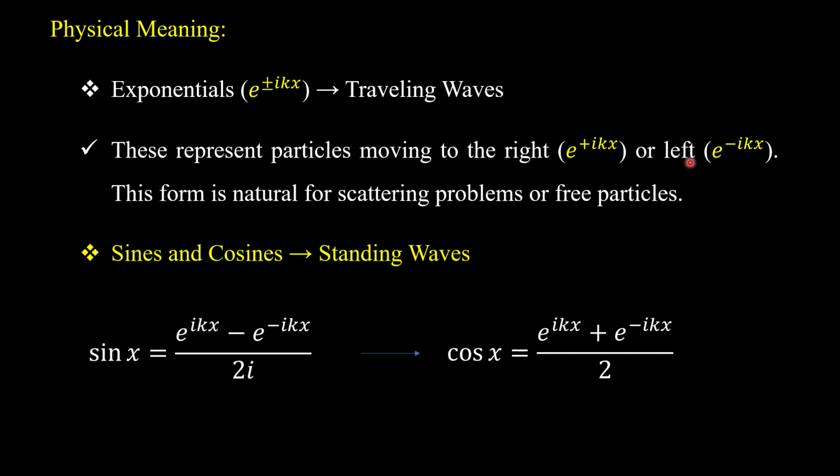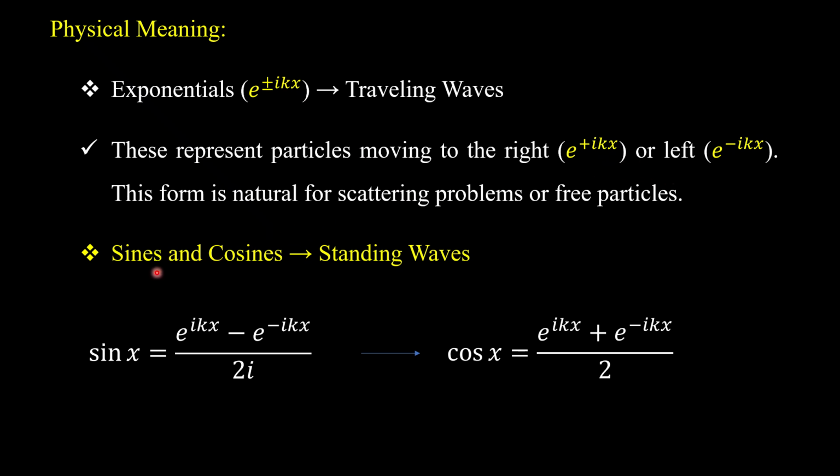So this can represent the transmitted wave, and here it is a reflected wave. This form is natural for scattering problems or free particles. So for scattering problems, you can use this exponential form.